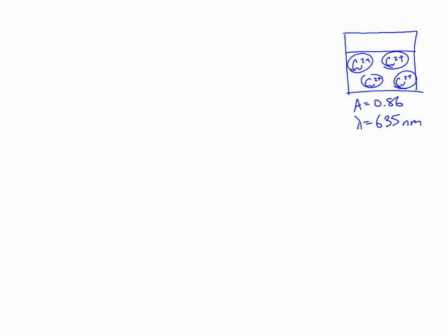Part B, suppose half the volume of the original solution was spilled. So here's our original solution, and we spilled half of it. Sketch a particulate diagram for the resulting solution. So here it is. There's half the volume. And if you spill half the water, then presumably you have also spilled half of the copper.